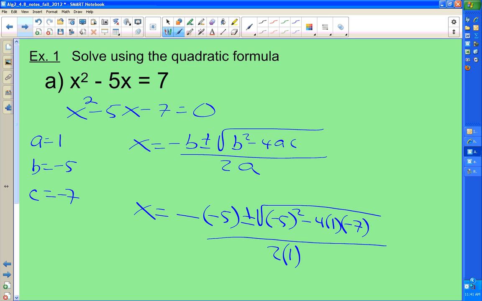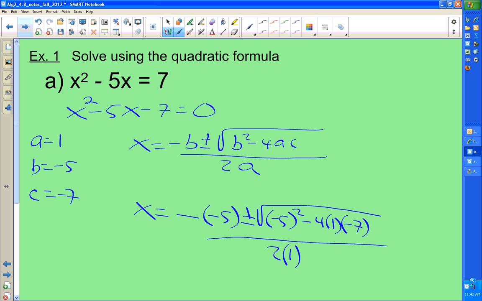Now what I want you to notice in my work here is that none of it is simplified as I go. The very first thing I do is I write down a straight plug into my formula and I do all my simplifying after. If you don't do that, if you simplify as you go, you're going to limit the amount of partial credit we can give you.